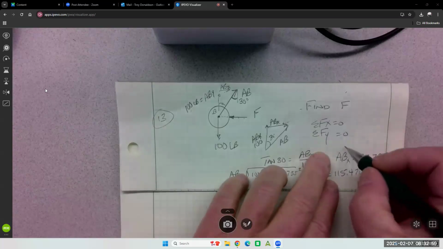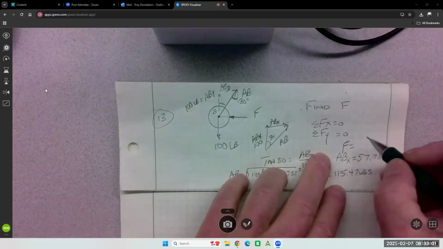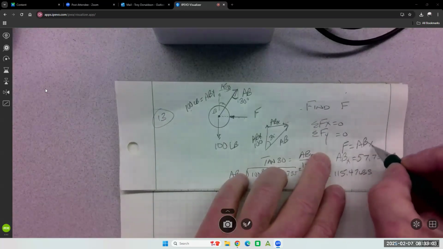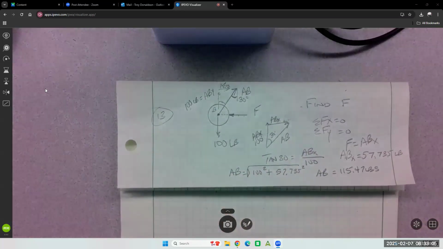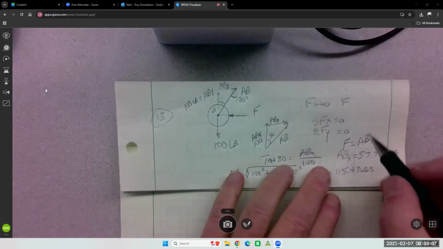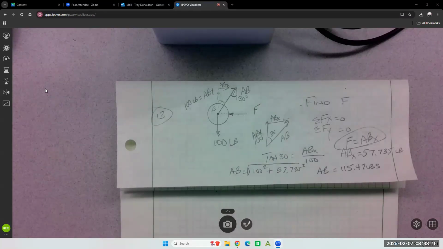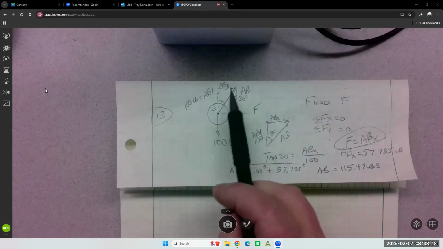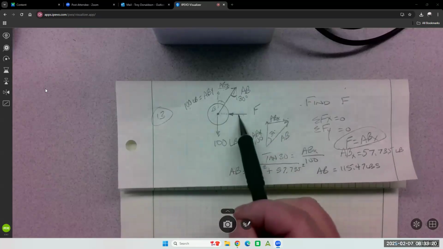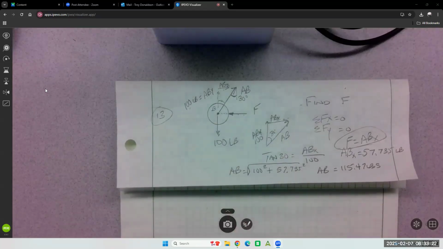So F equals ABX. Those two have to be equal and opposite. They've got to be oppositely directed. And they are. ABX is going right, F is going to the left, holding this thing out there.